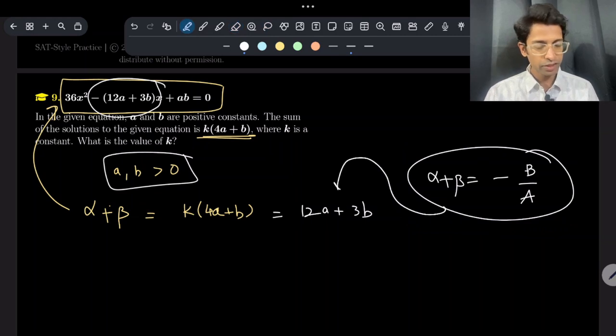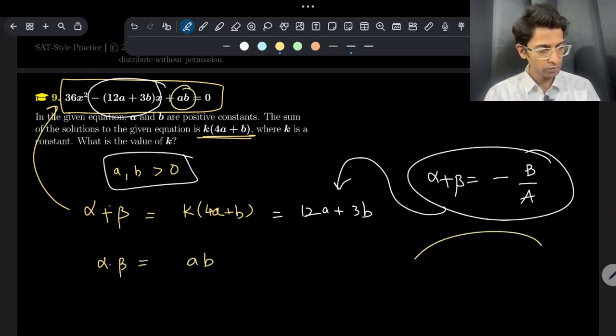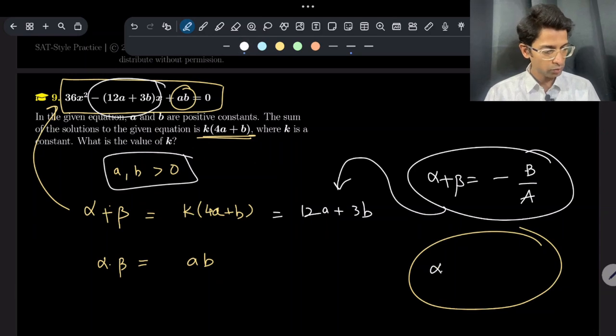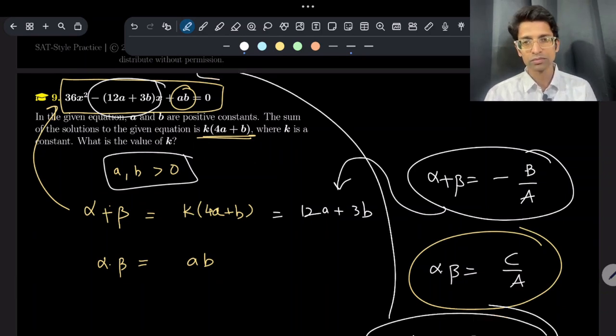From this definition I can write this, and I can also write this: product of the roots is equal to ab, because alpha into beta should be equal to C by A. If this is the quadratic equation, A x squared plus B x plus C, comparing this with this equation.